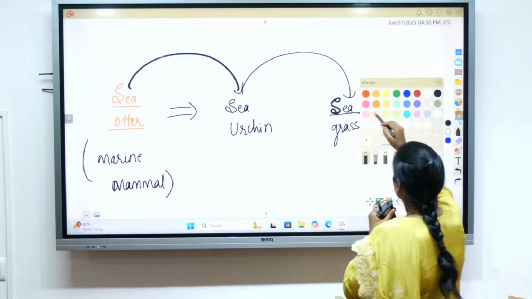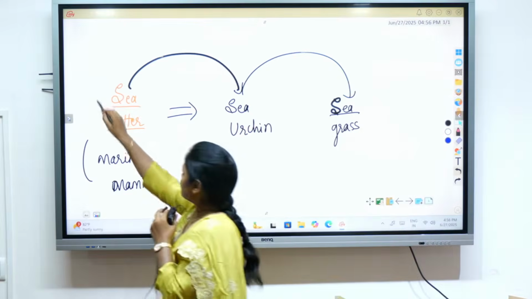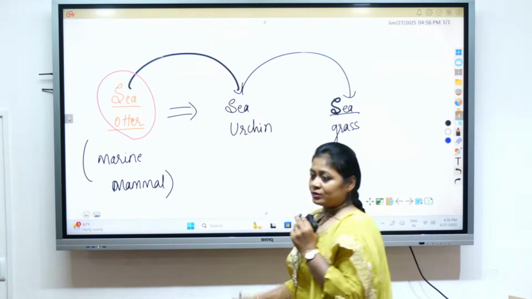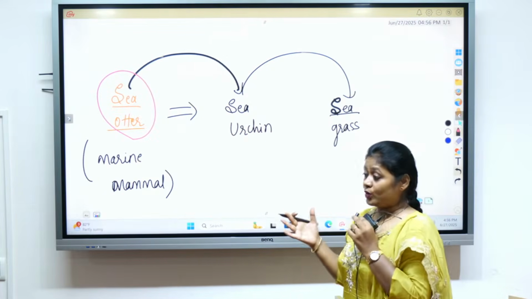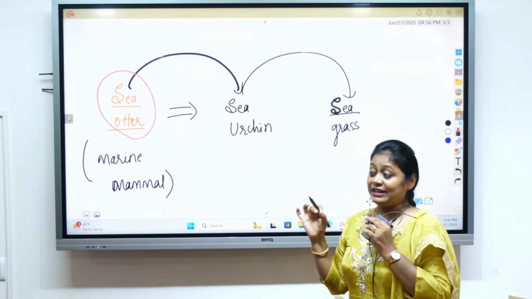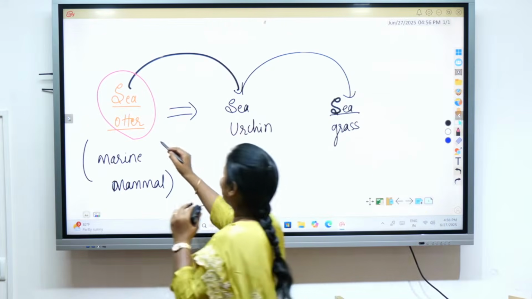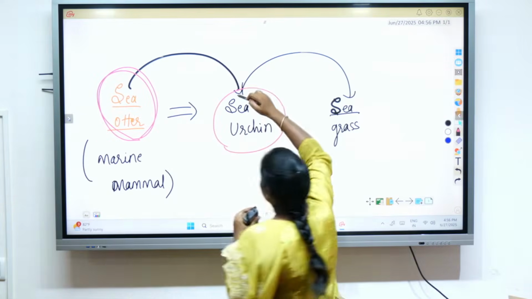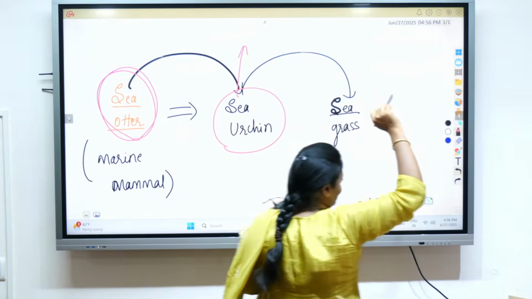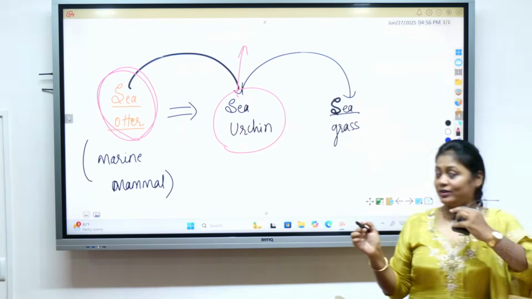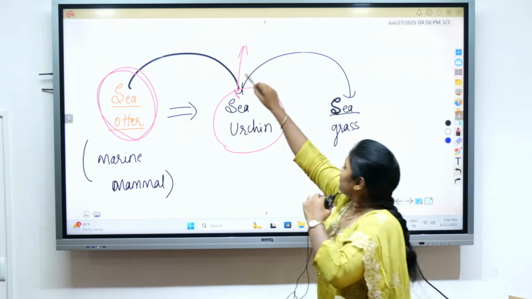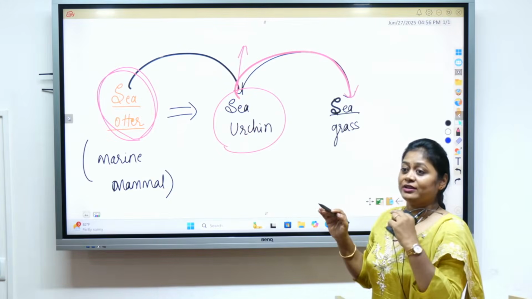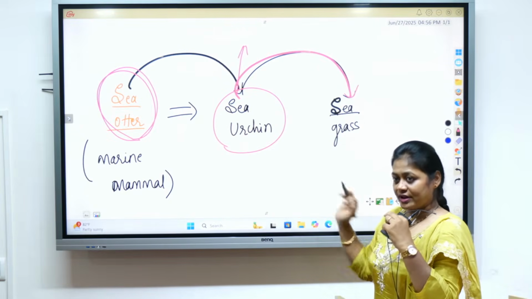Tell me, if the total population of sea otters declines, then what will happen? The sea urchin population will increase, and that will lead to complete loss of seagrass.